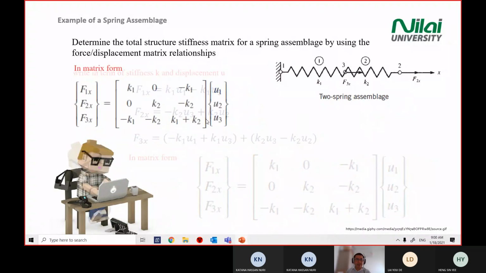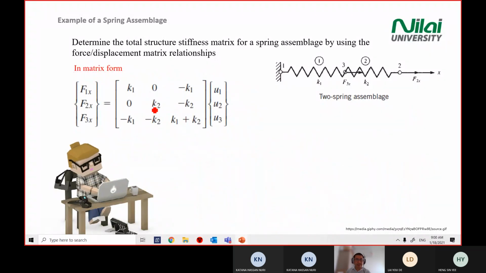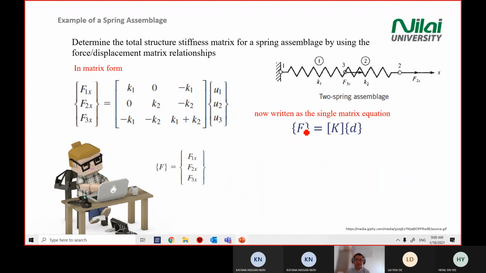Now, we already have a matrix form. The next step is to write everything out. You know that your matrix is in the form of capital F equal to capital K and D. So your force will be in curly brackets, F1x, F2x, F3x, which means you just copy what you see in your answer there.